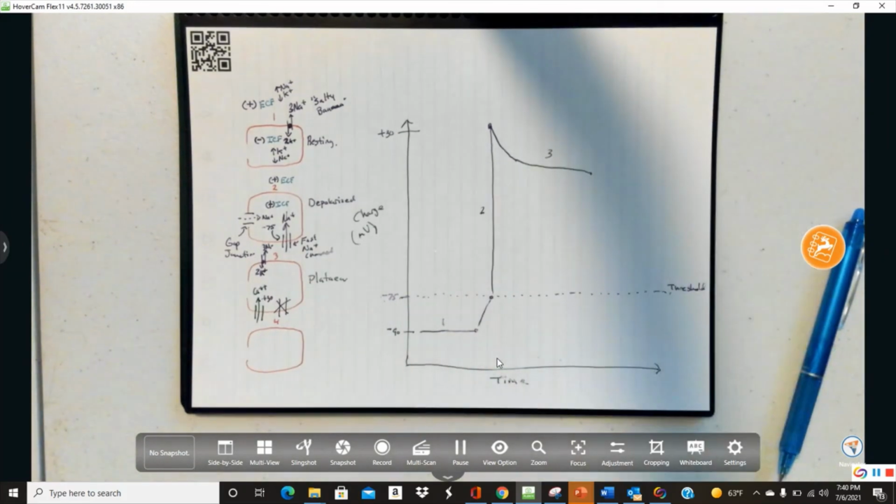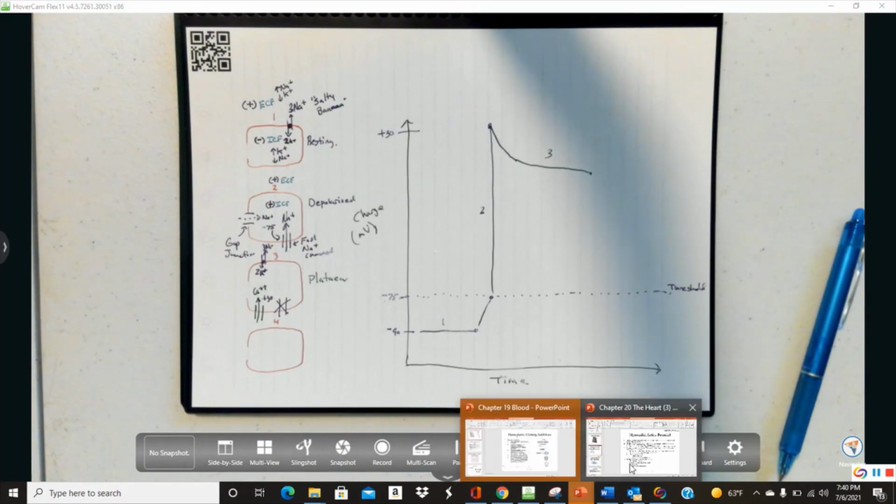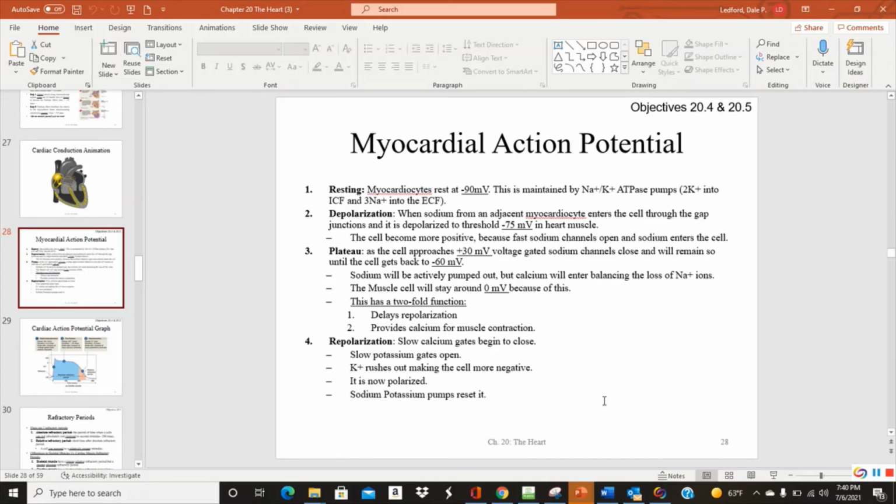Now, as the charge gets close to 0, calcium is going to come in, which delays repolarization but also gives the muscles the calcium to contract. Now, they're called slow calcium channels, and they're going to close. And then there are slow potassium gates.